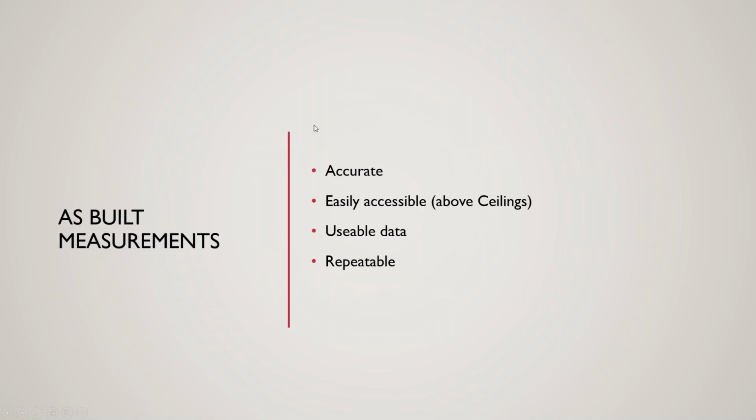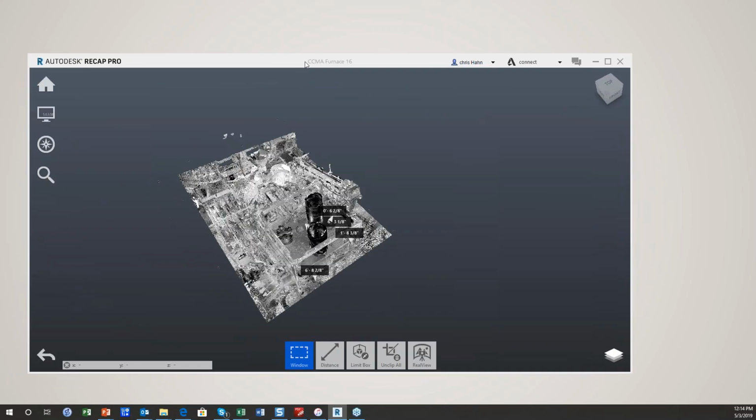The first level of using a laser scan is you can get accurate, easily accessible data. The data is very usable, it's very repeatable, and the very first level of using a laser scan is done not with CAD, but using a software called Autodesk Recap. I'm just going to pull that in here.